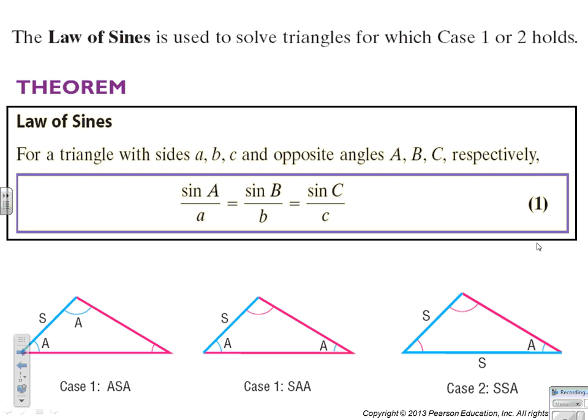Okay, so the law of sines is used to solve triangles for case 1 or 2. The law of sines says the sine of angle A over side a is equal to the sine of B over side b, which is also equal to the sine of C over side c. And thanks to my lesson in geometry yesterday, this is called an extended proportion.